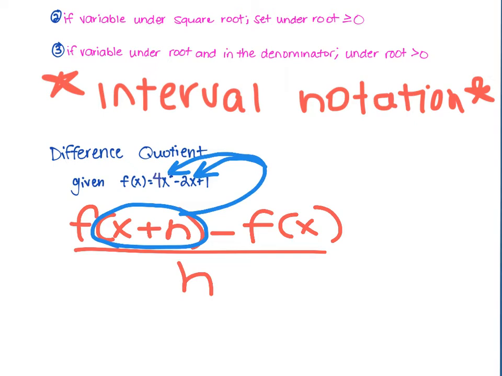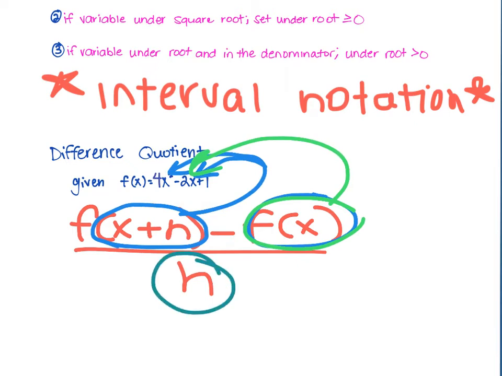And I get that big, long expression. And then from that, I'm going to subtract my original f of x, making sure I change the signs of everything after the minus. I'm going to simplify, and at that point, you should be able to cancel things out. If you didn't, you did something wrong. And then I'm going to put the whole thing over h, and usually you can simplify there too.